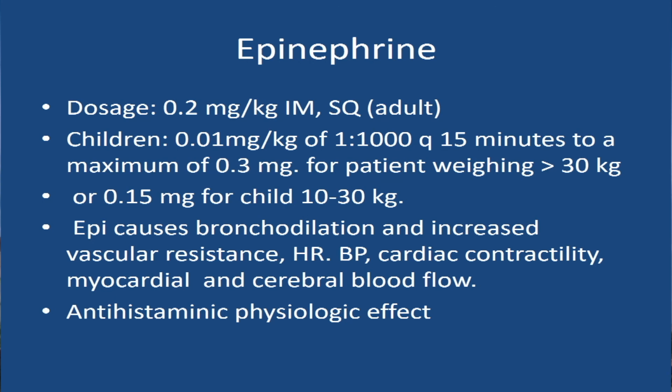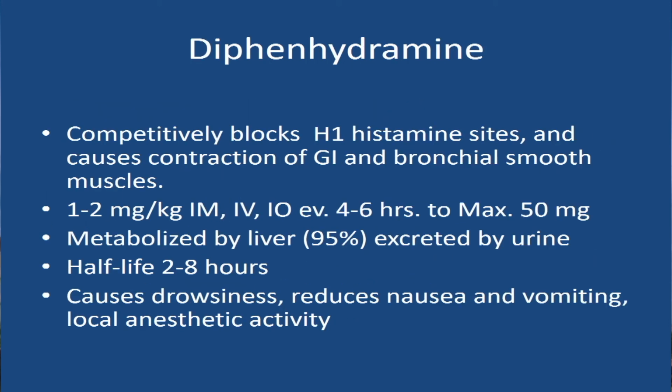Epi causes bronchodilation and increased vascular resistance. As the heart rate increases and the blood pressure increases, there is improved cardiac contractility, myocardial function and cerebral blood flow. It has an antihistaminic physiologic effect. So we carry this epinephrine in all our emergency kits.